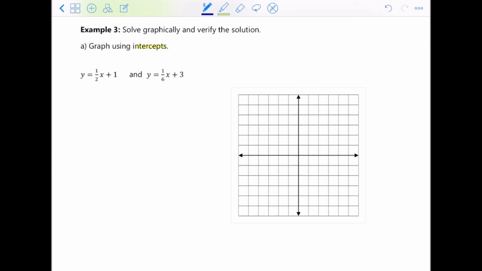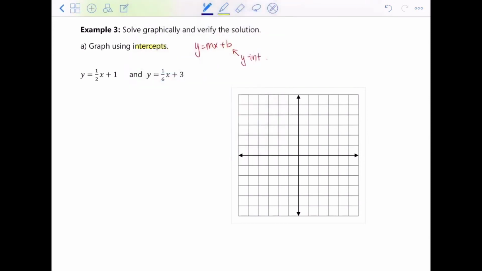Let's take a look. There are two equations, also in slope-intercept form. From y equals mx plus b, we know that b is the y-intercept.